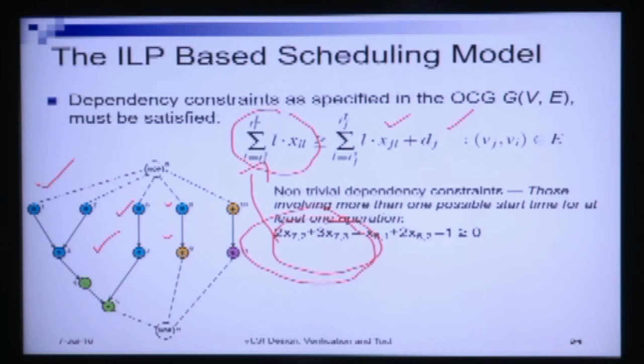If it starts in the 3rd time step, its time is given by 3 into x7,3. Because only one of x7,2 or x7,3 can be 1, the value of this expression 2x7,2 plus 3x7,3 can either be 2 or 3, right.